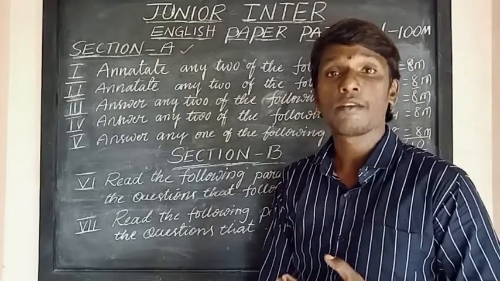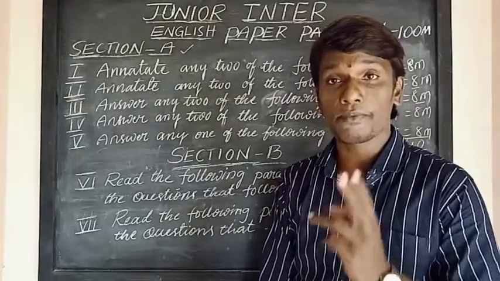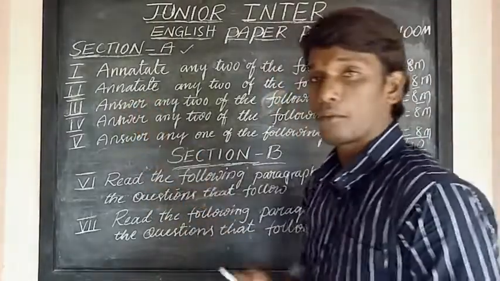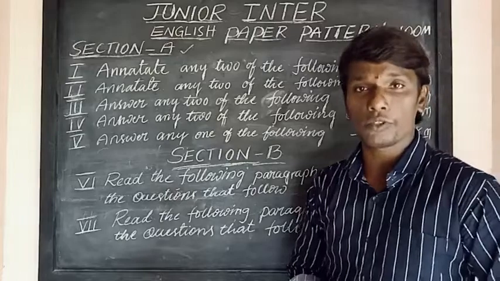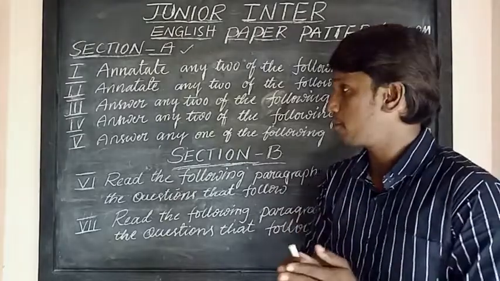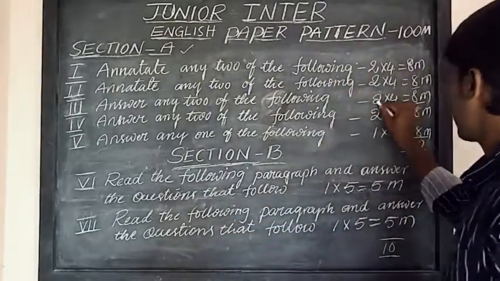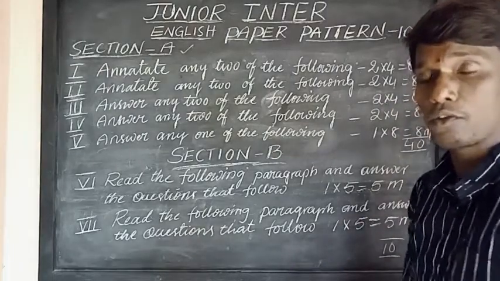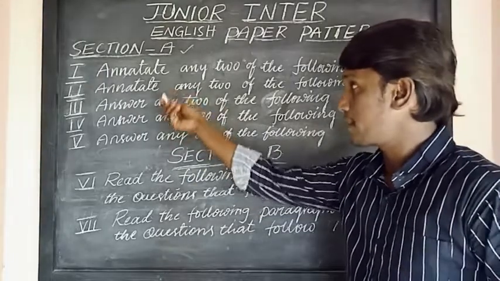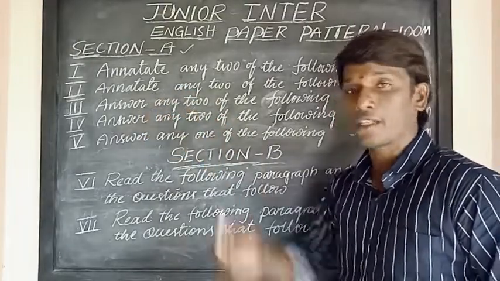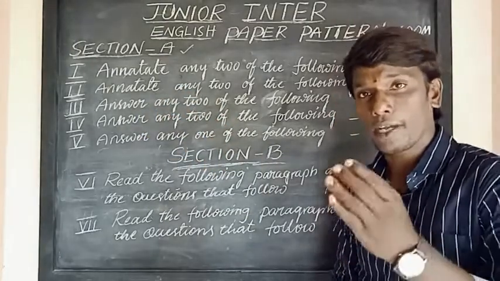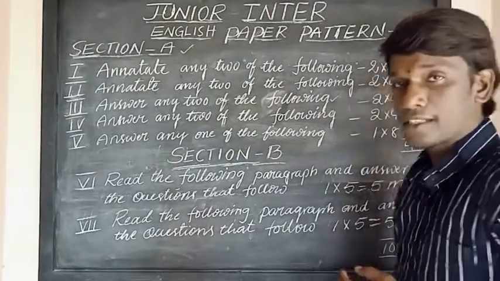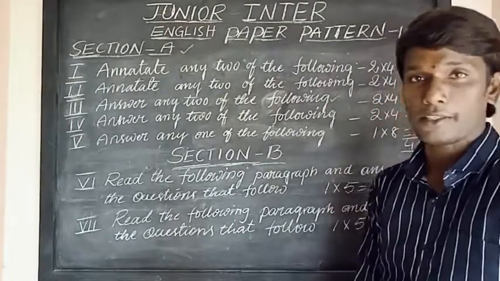Out of the 4 questions, you select any 2 questions which you like most. 2 into 4 is equal to 8 marks, the same as annotations. So when you write 2 questions, you get 8 marks from the question and answers from the prose lessons.